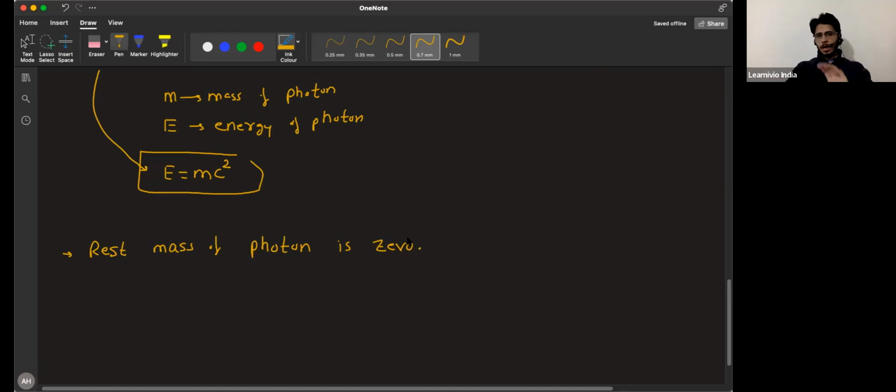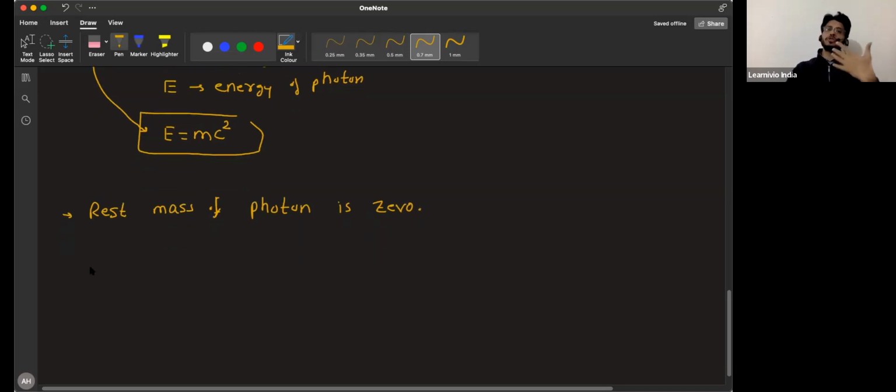Up to now we have studied that mass is constant, but mass can vary with speed. Every particle has two types of masses. One is the rest mass, which is the mass of the particle when it is at rest. Another is the moving mass, the mass of the particle when it is in motion. So we can say that the rest mass of a photon is 0.